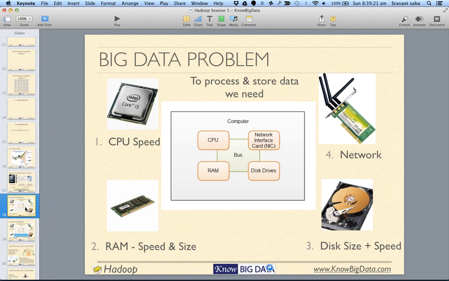And whenever you are dealing with any kind of system in real life, RAM is the one which becomes the bottleneck first. In the case of Wikipedia, the only reason they had to load balance and run it on multiple computers was because the RAM became the bottleneck in the machine. So for any web server, the first thing that hits is the RAM. CPU is generally free.